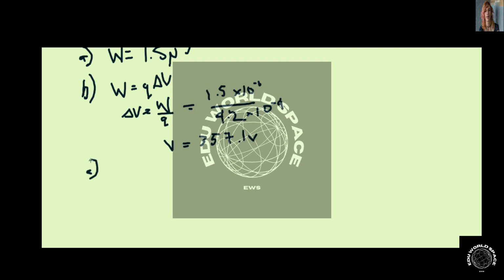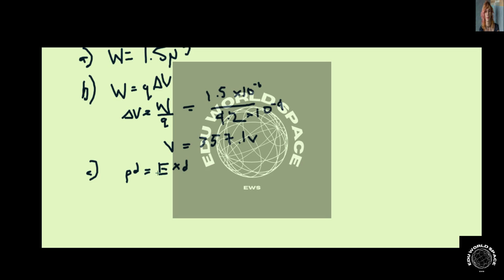So now if you move on to part C, the potential difference, or in this case the voltage, just the change in the voltage, is equal to the electric field times the distance, where d is the distance it traveled.